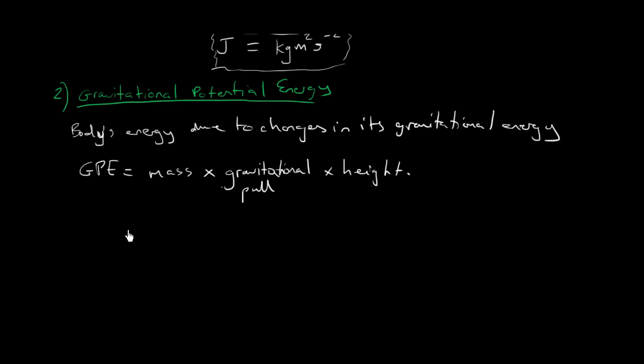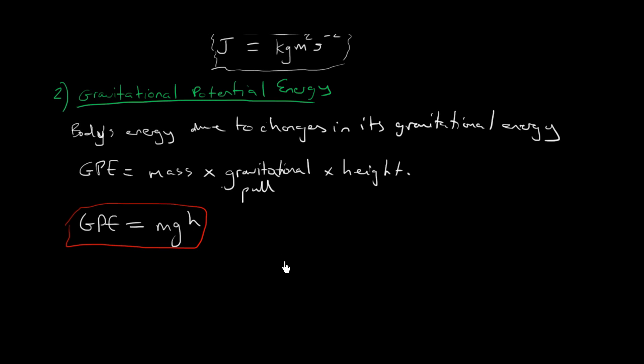And this is normally the change in height. So that's m times g times h. That's the gravitational potential energy. And the way that we calculate that is very simple. It's one of the easiest things to calculate in physics, really, and that's why it's so useful in many problems.